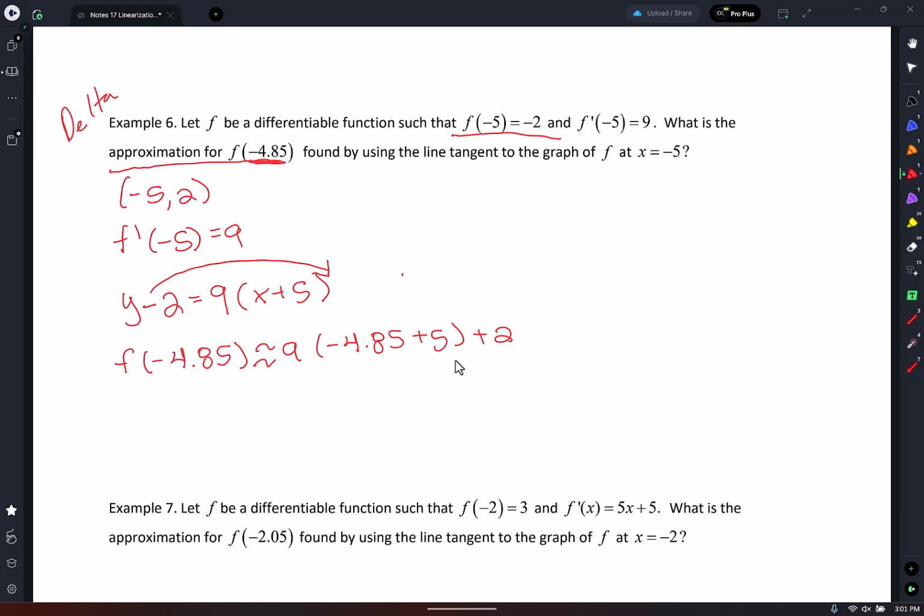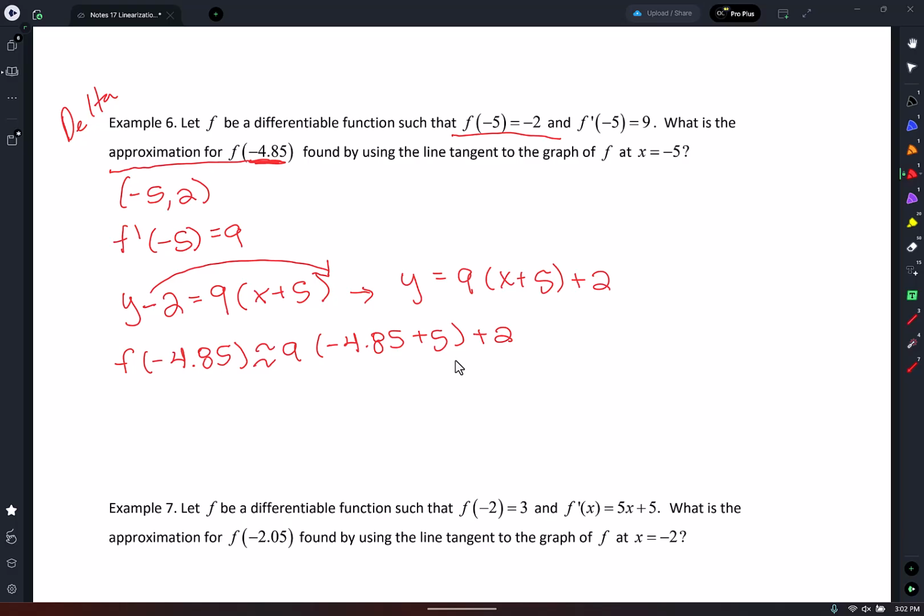Yeah, she did it right. Wait, the y value is negative 2. You see how you wrote negative 5 comma 2?